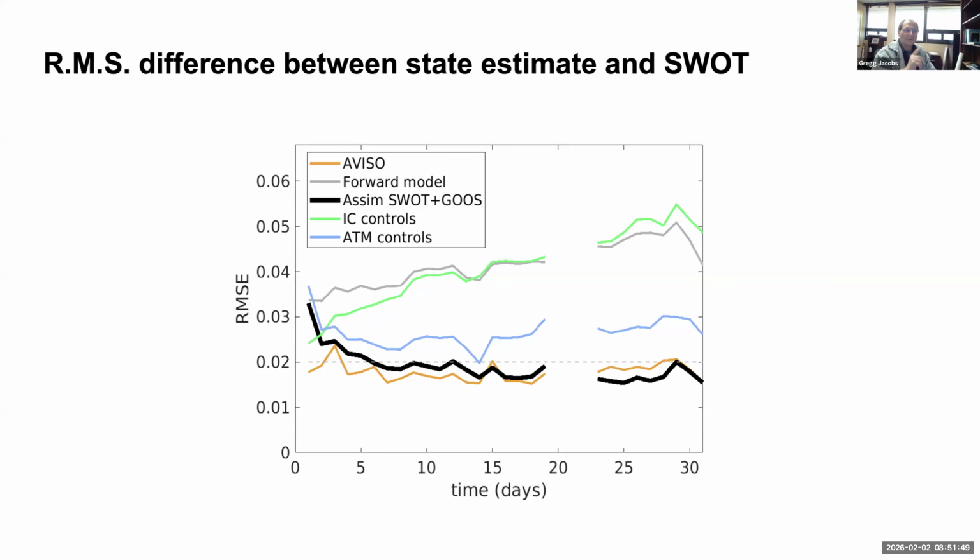Yeah, I like Patrick's point. The corrections made to the atmospheric forcing are not necessarily to be expected to be the errors in the atmosphere, but there is growth in the errors of the state over time, just because small errors in the initial condition are going to grow in time.